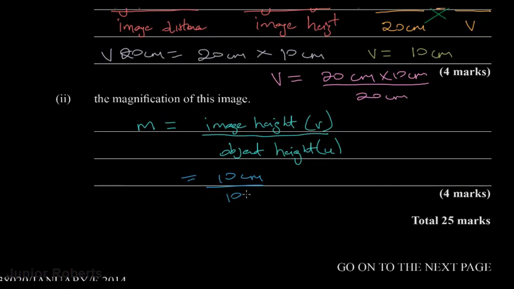So we'll have divided by 10 centimeter, and when we simplify this, we're going to get 10 divided by 10 is equal to 1. And since we're dealing with magnification, we won't have a unit.